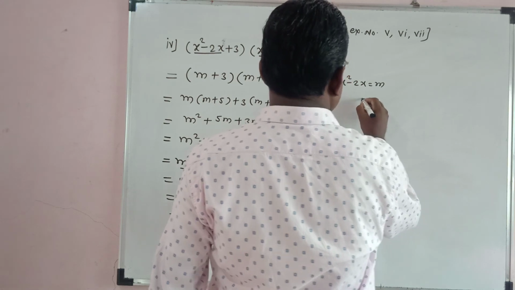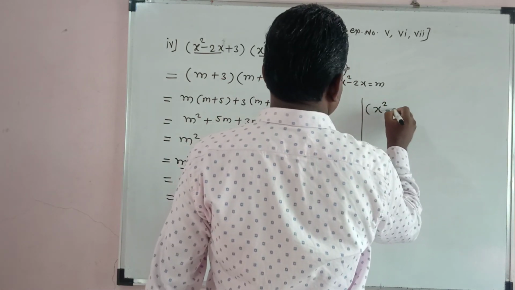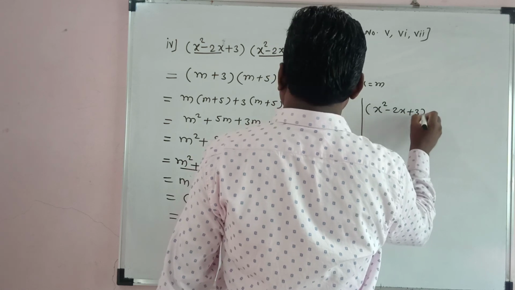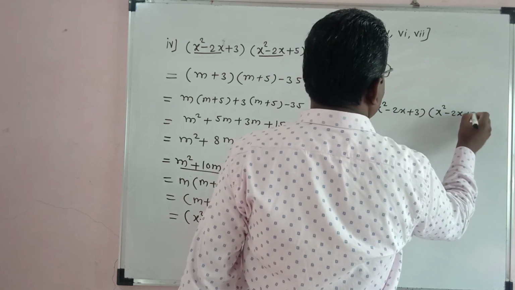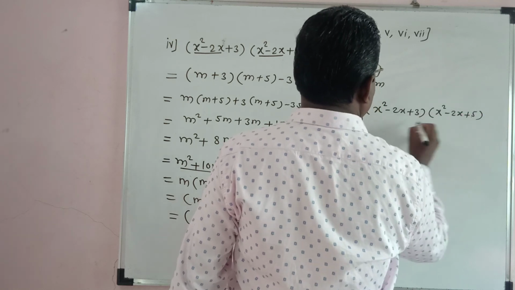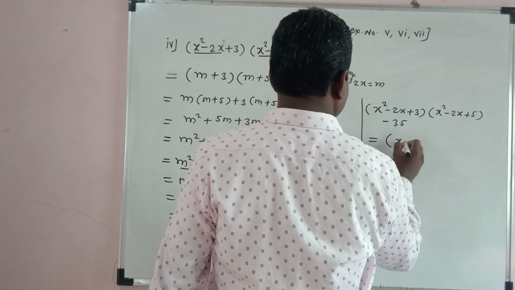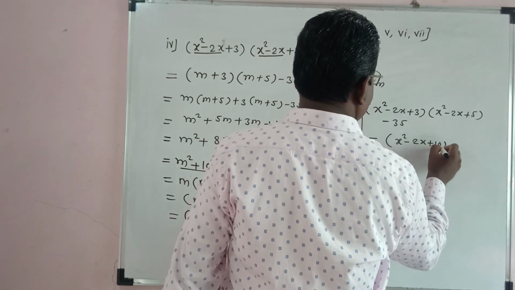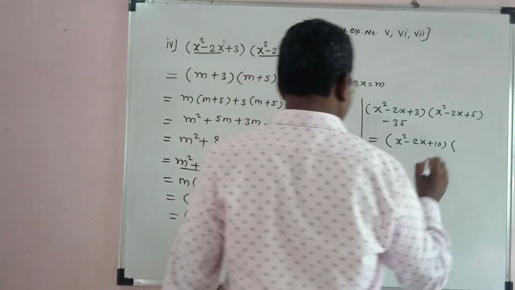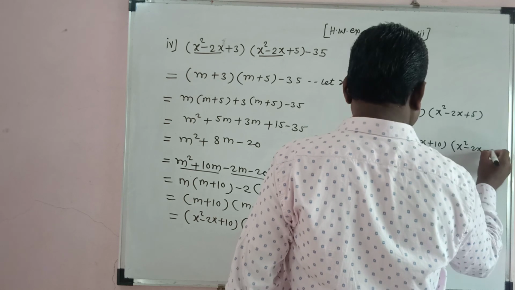Therefore we write here the answer: x square minus 2x plus 3 into x square minus 2x plus 5 minus 35 is equal to, in the first bracket, x square minus 2x plus 10, and in the second bracket x square minus 2x minus 2.